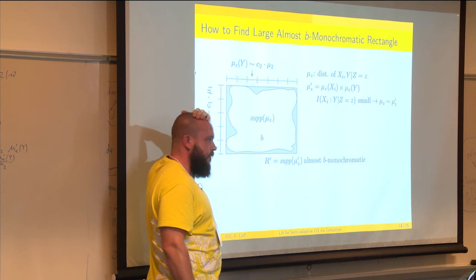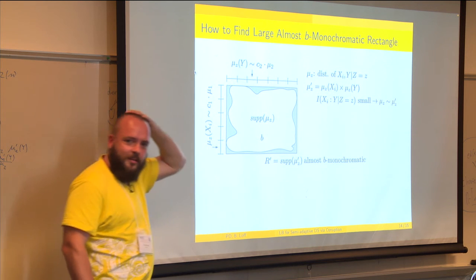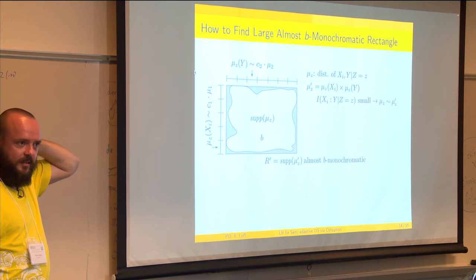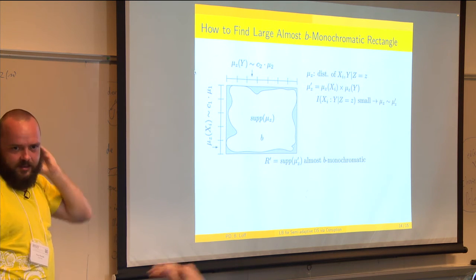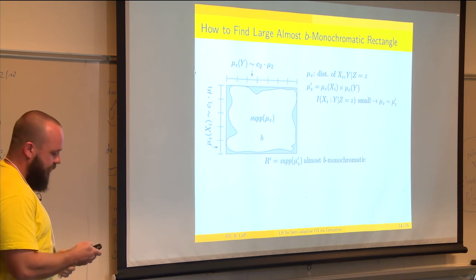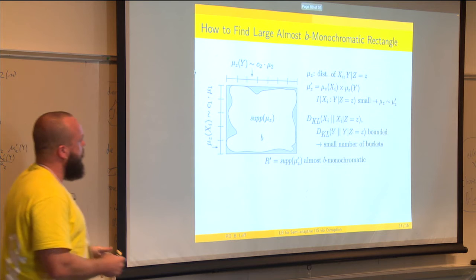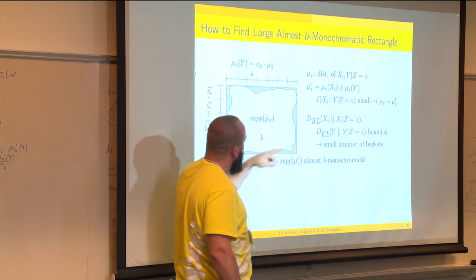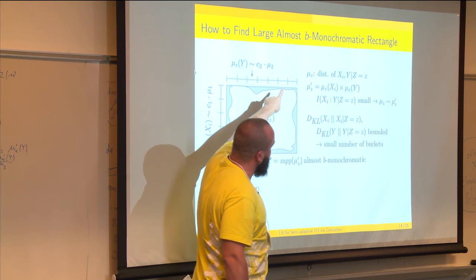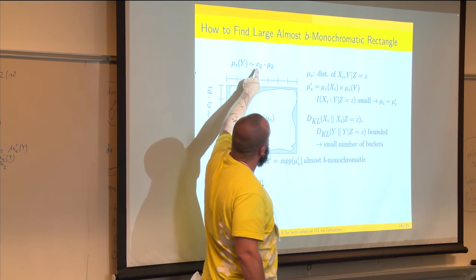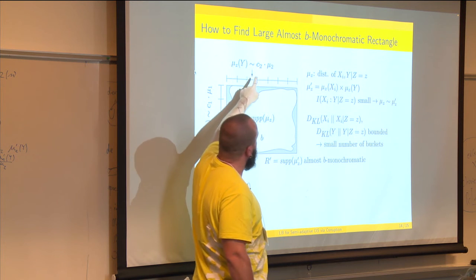Oh, so if you draw the scaled version of mu, you have the original mu, and then you look at all the elements where the ratio is roughly the same. Yeah, and because the KL divergence is bounded, we can prove that the number of these buckets is small, and also the values of these constants are not so big.